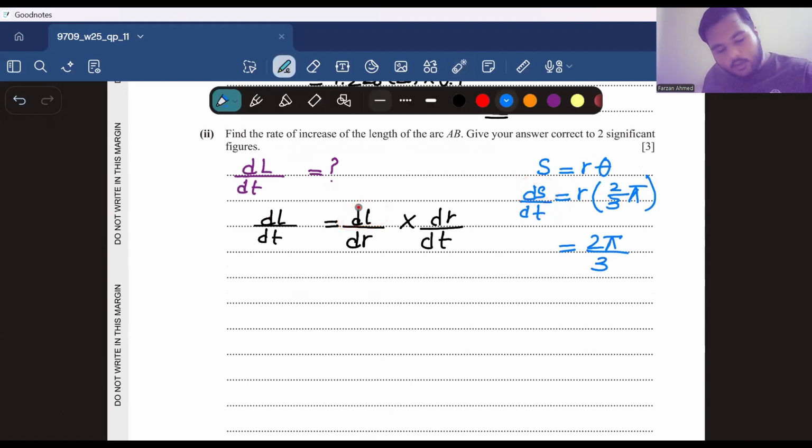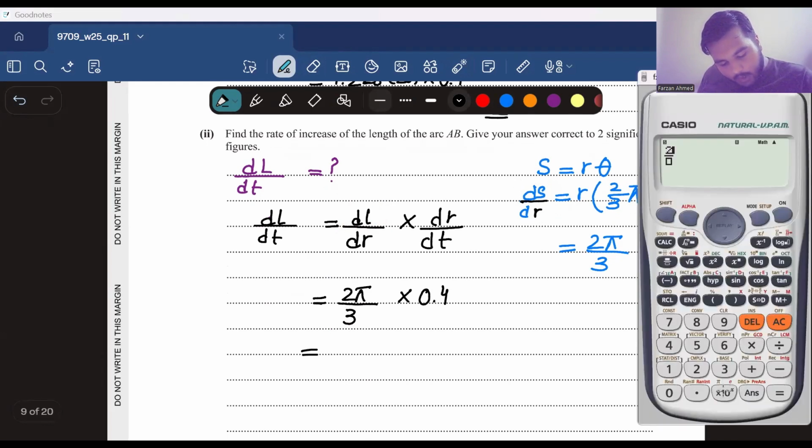So dl over dr value is 2 pi over 3, multiplied by 0.4. So what is the answer? 2 pi upon 3 multiplied by 0.4, the answer we got is 0.837, so it will be 0.84.